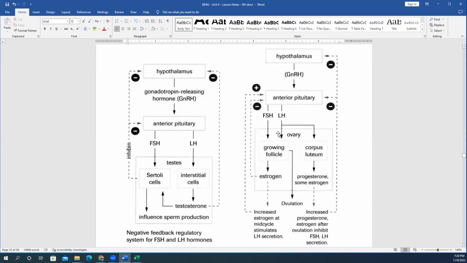So up until this point is where you have similarity in both males and females, but beyond that, these target different organs which produce different hormones, testosterone in males, and from the ovaries, we have estrogen and progesterone in females.